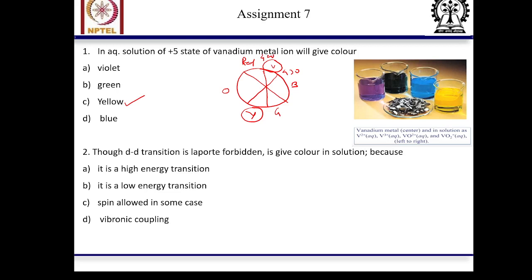The options are: A, it is a high energy transition; B, it is a low energy transition; C, spin allowed in some cases; D, vibronic coupling.